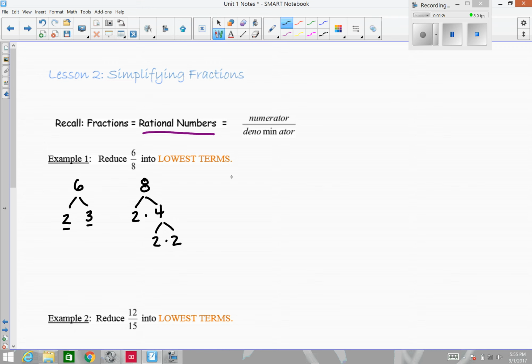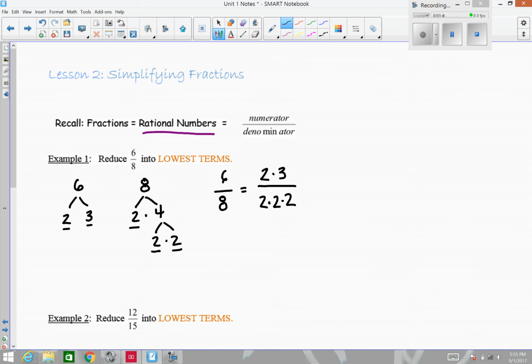which means that to write 6/8 as a product of its prime factorization, I would replace the 6 with the 2 multiplied by the 3, and the 8 I would replace with 2 times 2 times 2, all those prime numbers.